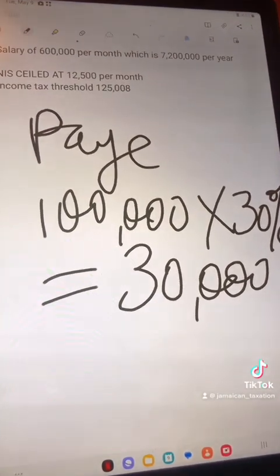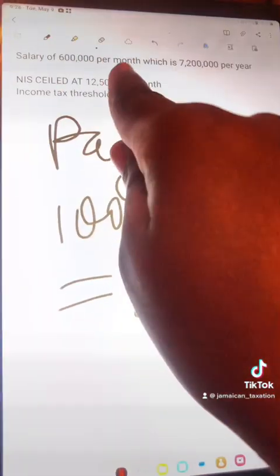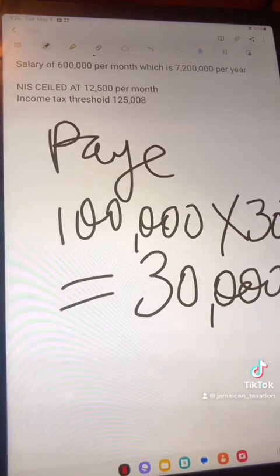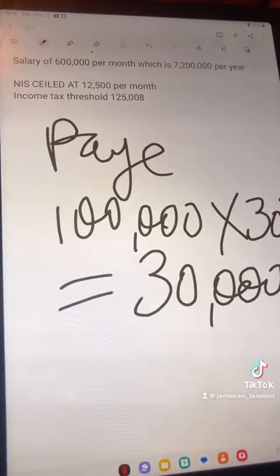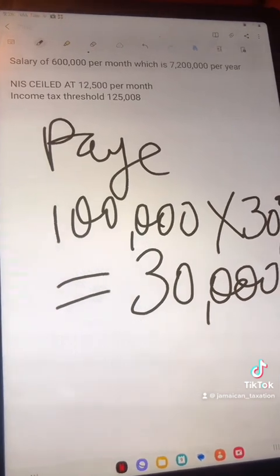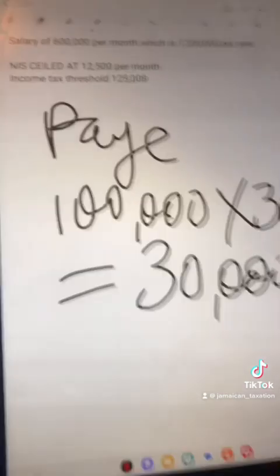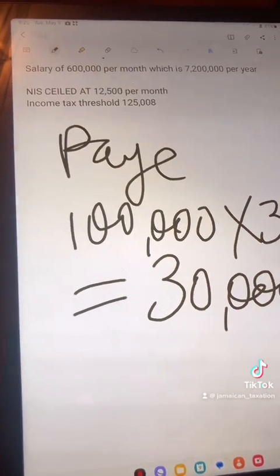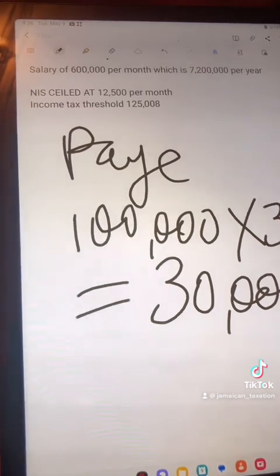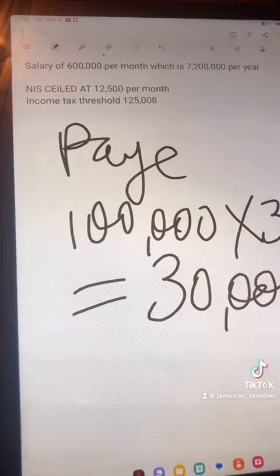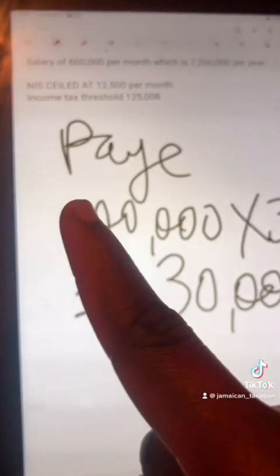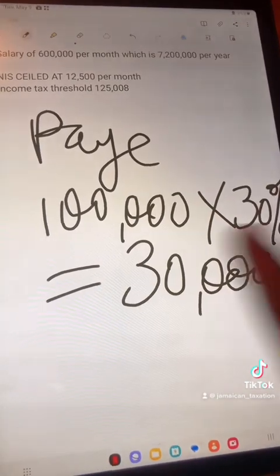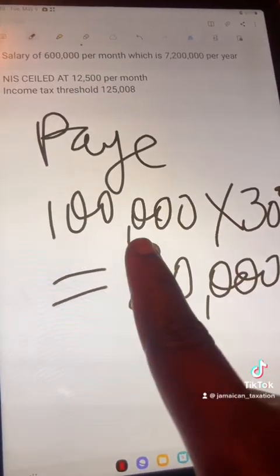So for ease of calculation, once you're earning over $500,000 per month, you would then pay PAYE at 30%. So what I do is split up the salary in two. I use the $500,000 first and calculate that portion, and then the remaining $100,000 I calculate the 30% on.